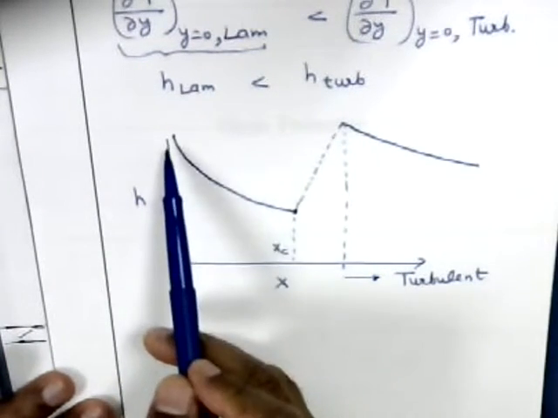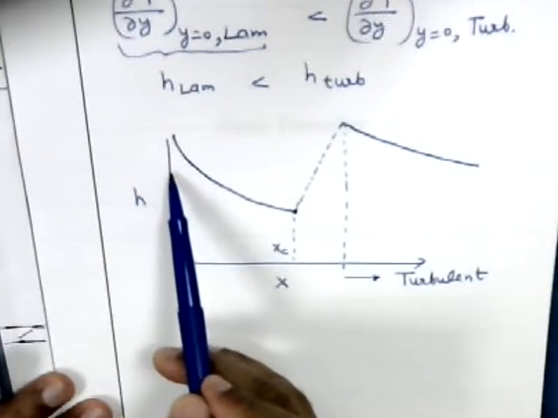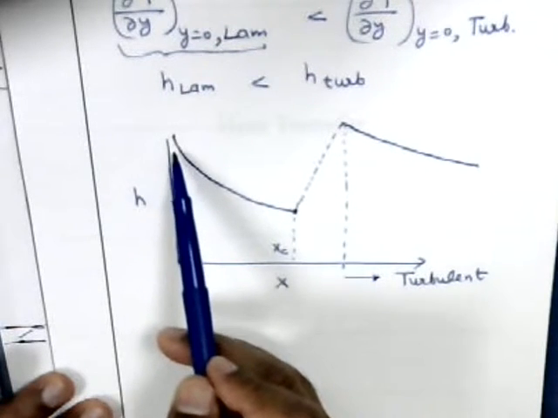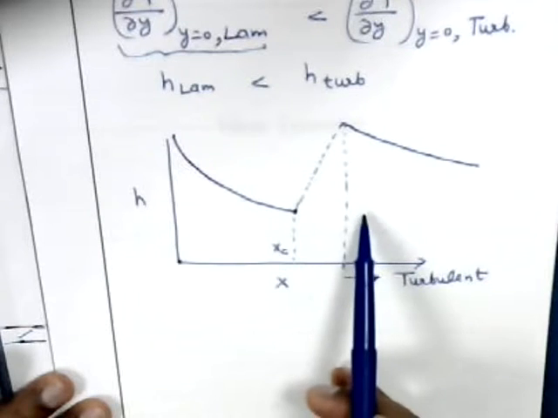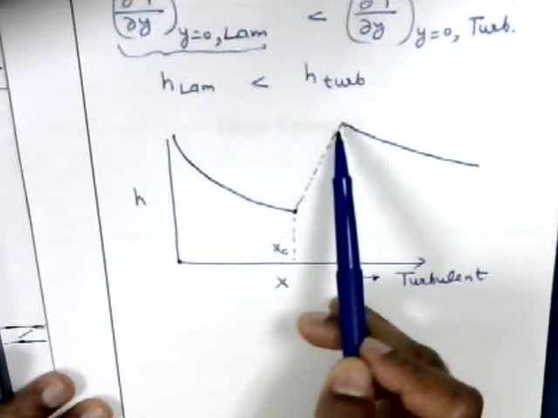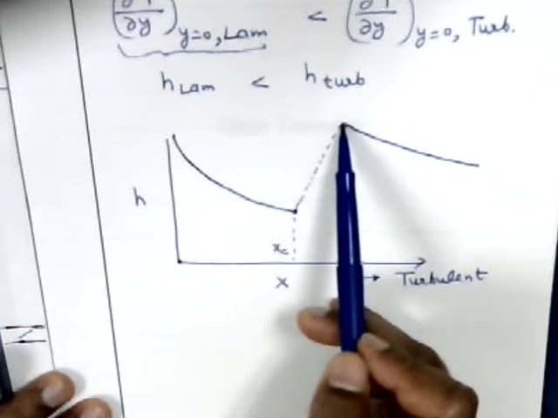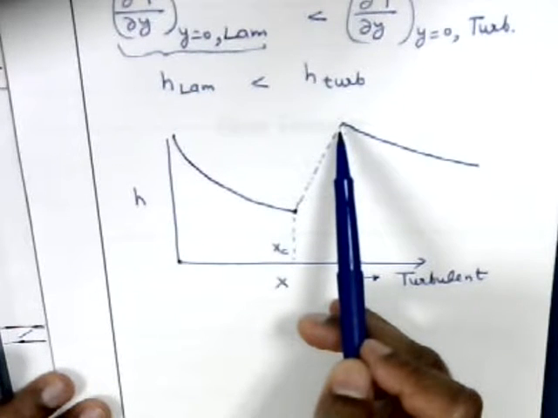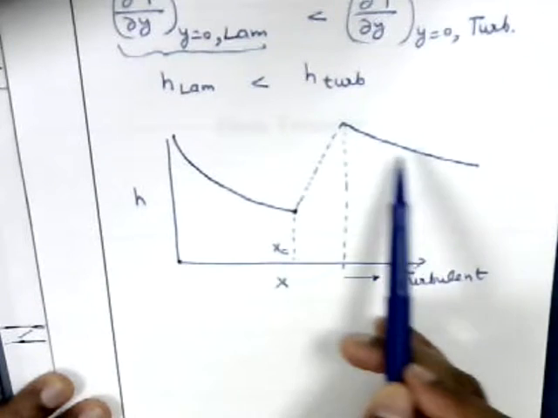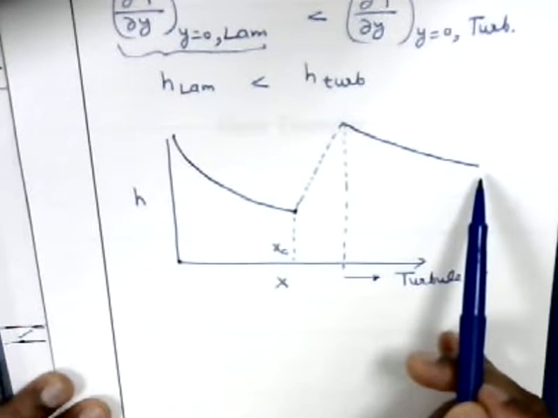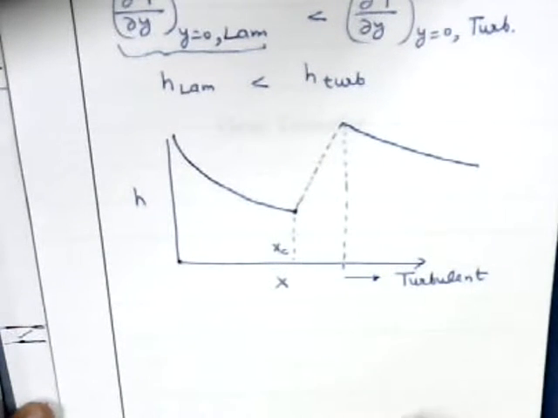Okay. So this is the laminar boundary layer. Because boundary layer thickness increases, the convection coefficient decreases. Then there is the transition region, flow becomes from laminar to turbulent, and the convection coefficient increases. And beyond this point, the boundary layer is fully turbulent, and the convection coefficient again decreases because the boundary layer thickness is increasing. Okay.